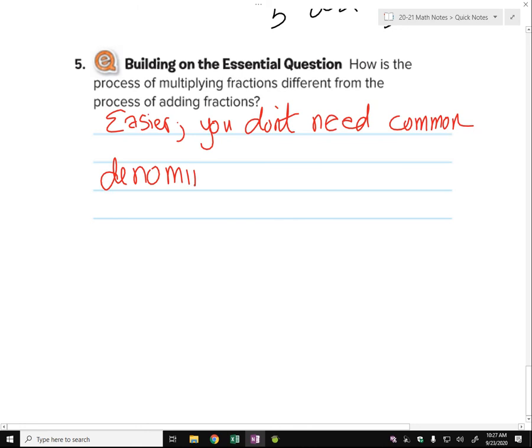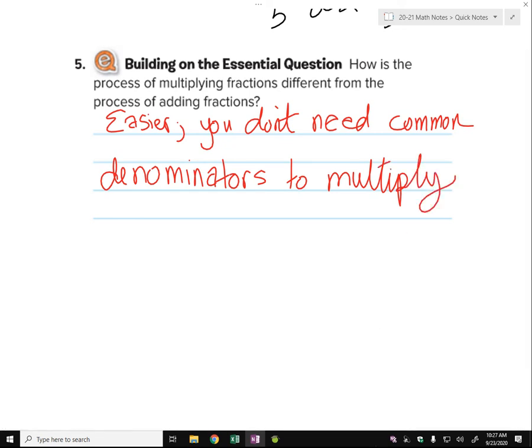You don't need common denominators to multiply.